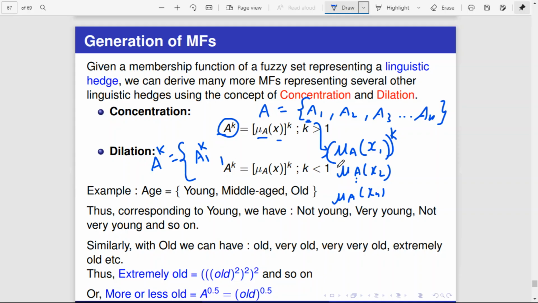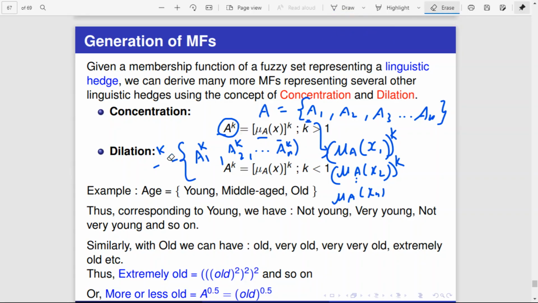Similarly, mu A of x2 to the power of k will be maybe a2 to the power of k. Like that you will create up to an to the power of k. So from an existing fuzzy set we are creating a new fuzzy set. That is called concentration.